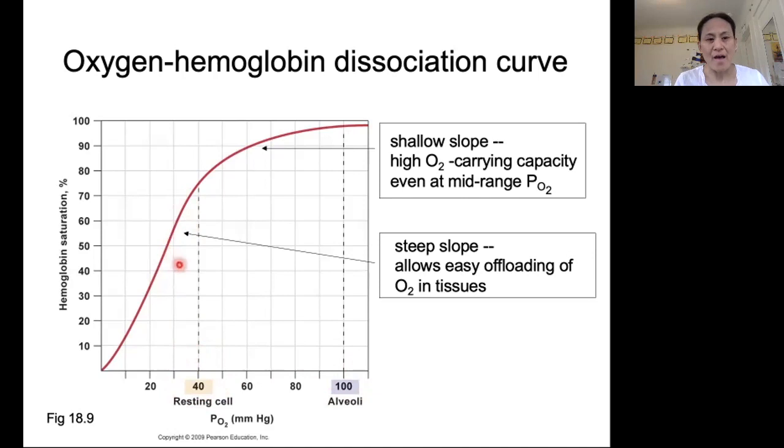So around this value, if we go down a little bit in PO2, that's going to free up a lot of oxygen, right? We're going to have less hemoglobin saturated, which means that oxygen is unbinding from hemoglobin. And that works out well because we need to release that oxygen to the tissues to use.